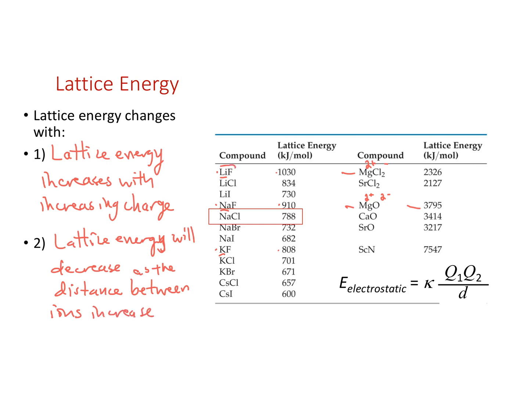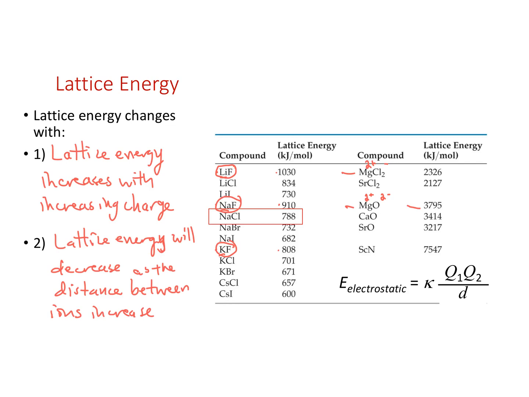That's what we saw here for lithium fluoride, sodium fluoride, potassium fluoride. All three of those have fluoride. So for fluoride, the size does not change, but the cation, lithium, sodium, potassium, is increasing in radius, and I see a decrease in the lattice energy because I'm moving those two charges farther and farther apart.